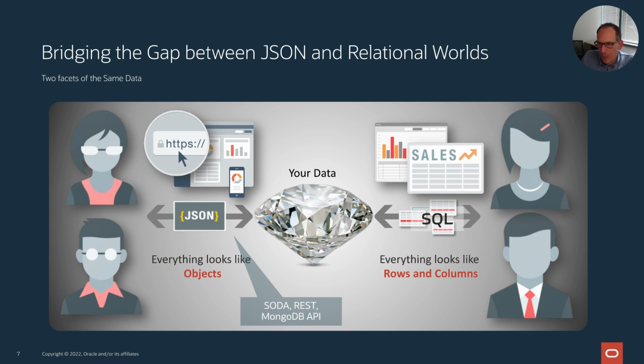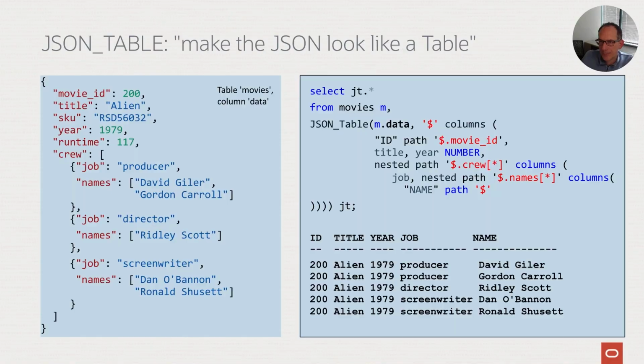And we want to give both these groups the ability to work with the JSON in their preferred format and not have to replicate data across different databases. In today's demo, we look especially at the MongoDB API. So for people who like to use MongoDB, they can do that with Oracle Database, while at the same time, they will now be able to run SQL over the data.